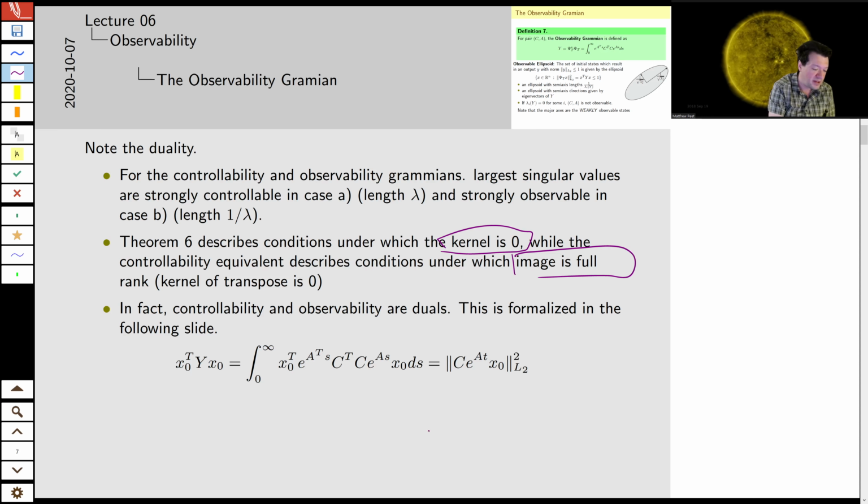So if we have a matrix M, well, what is the image of that matrix? Well, it's a set of y equal to Mx. So there exists an x such that you can get to y, right?